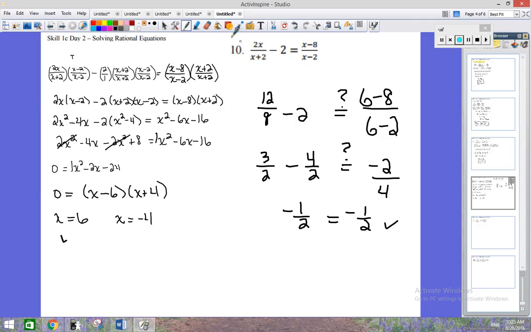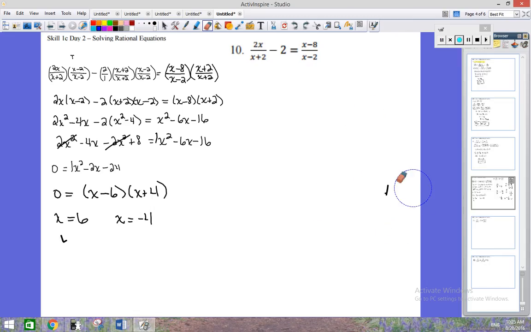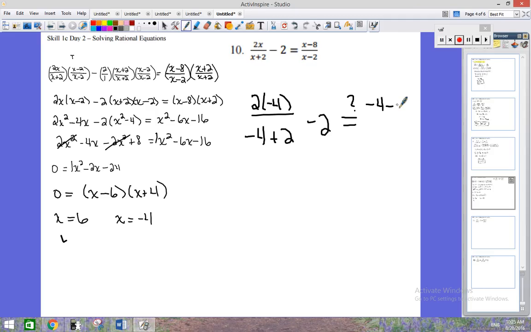But what about the negative 4? We don't know yet. We've got to check it. On the left-hand side, the question is, will that equal, on the right-hand side, negative 4 minus 8 over negative 4 minus 2?